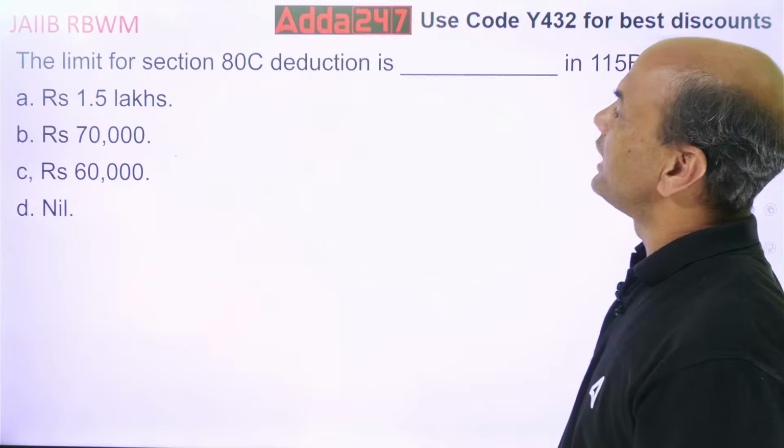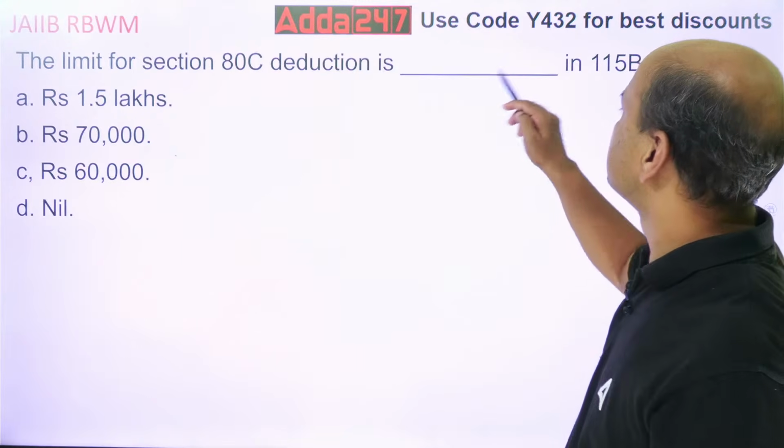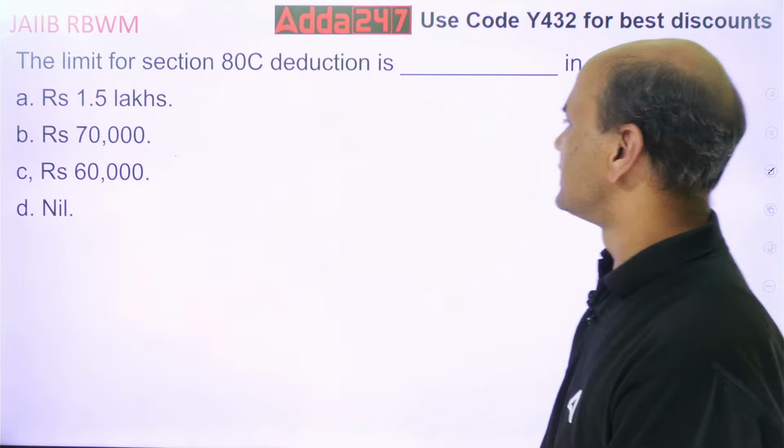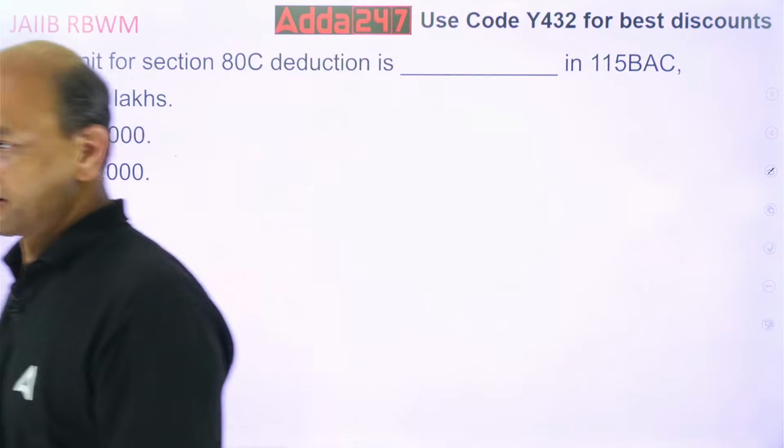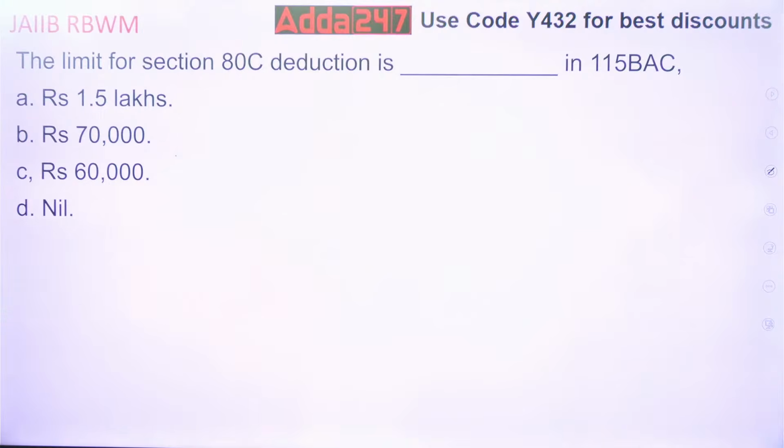The limit of ATC deduction is dash in 115 BSC. 1.5 lakhs, 70,000, 60,000, nil. Let me see who can answer this.